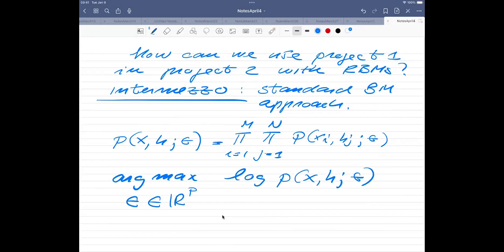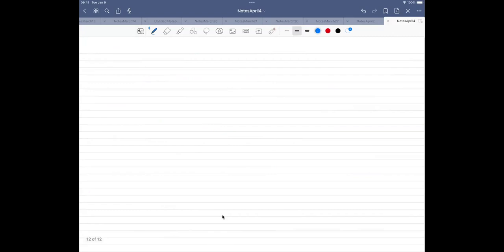Now, the thing we are interested in is actually the marginal distribution. So let me just bring up some of these elements. So we are in general interested not in the probability in terms of h and x, but we are interested in the marginal probabilities.